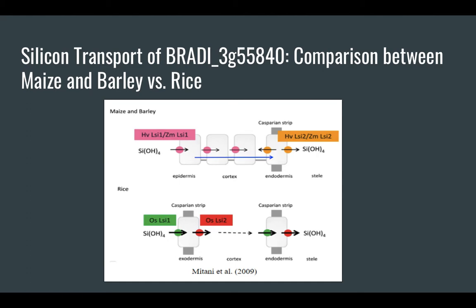The Brady 3G55840 gene, our gene, is likely to have influx transporters in the epidermal cortical cells and the hypodermal cells, while efflux transporters are located on the endodermis. The location and types of transporters allow silicon to get transported from the soil to the plant.